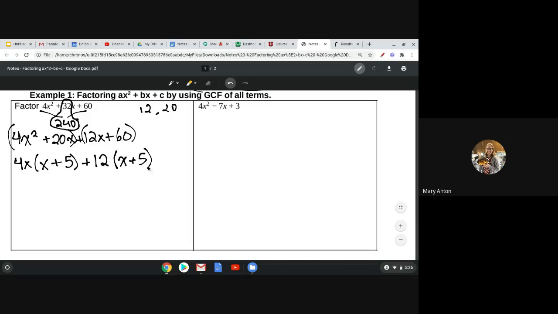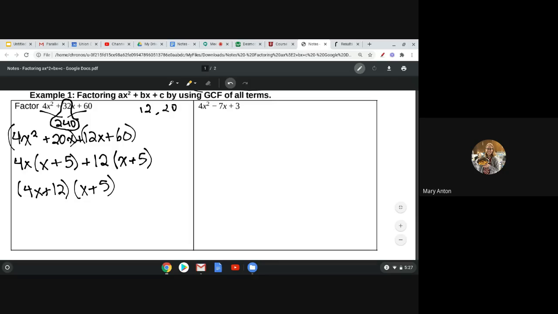All right, so we know we're on the right track because we ended up with an x plus 5 from both of these halves of this expression. So now let's do one last step of factoring. So this is really just 4x plus 12 times x plus 5, because we just factored out that x plus 5.